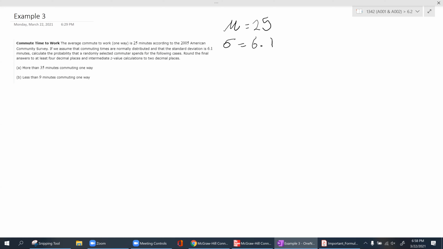That's going to be my x value, more than 35.